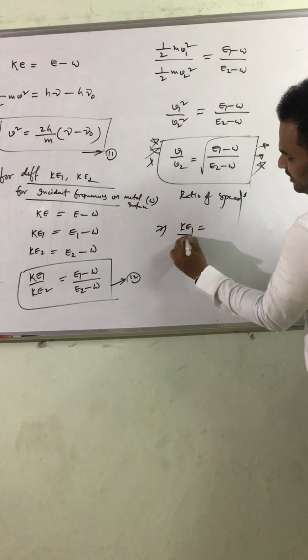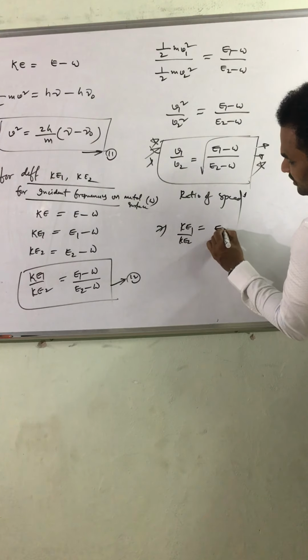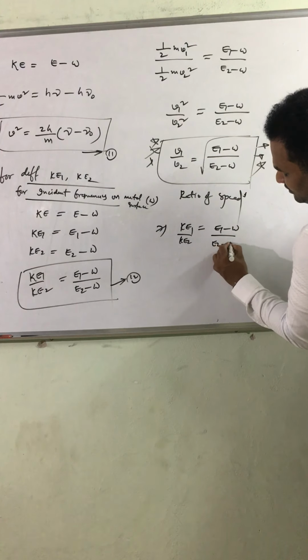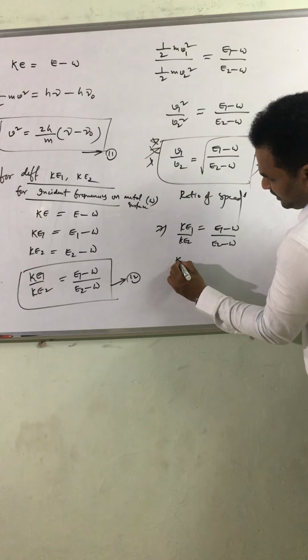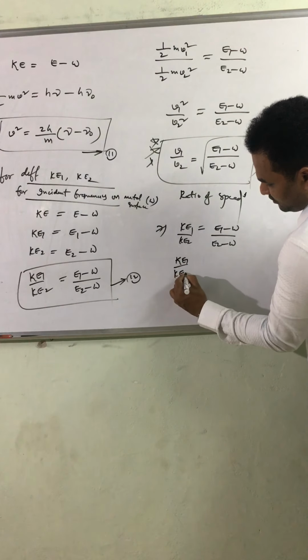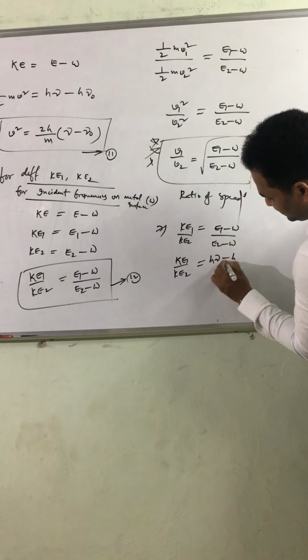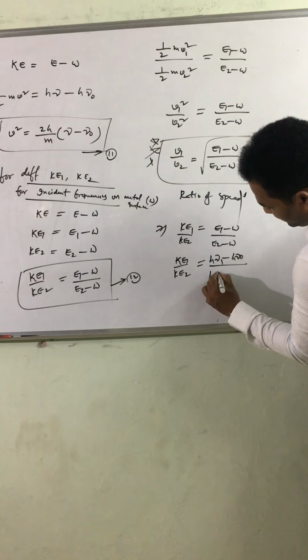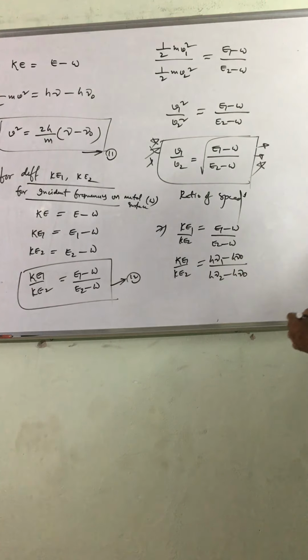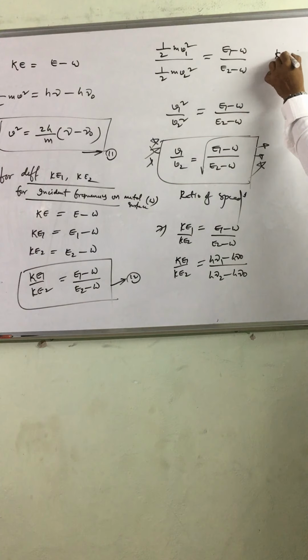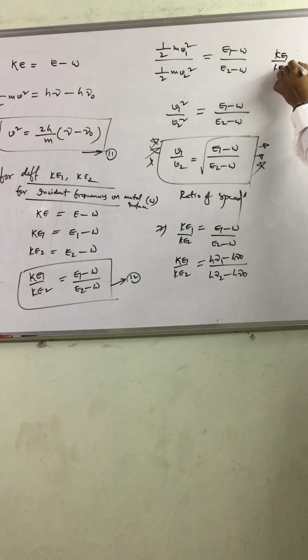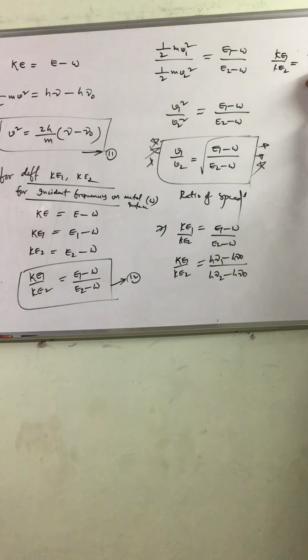KE1 by KE2 is equal to (E1 minus W) by (E2 minus W). So KE1 by KE2 is equal to (h nu1 minus h nu naught) by (h nu2 minus h nu naught). So KE1 by KE2 is equal to (nu1 minus nu naught) by (nu2 minus nu naught).